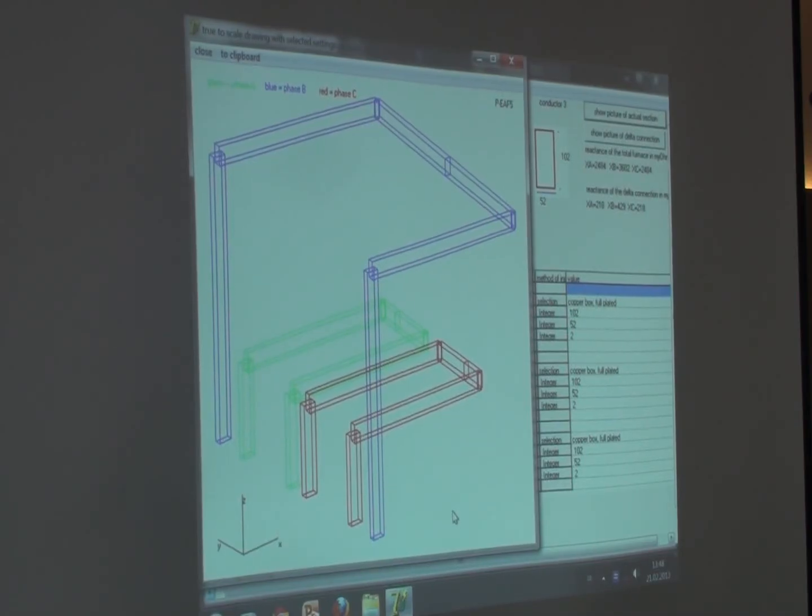on this side here, XA is 0.2 milliohms about. XB is higher, 0.4 milliohms about.